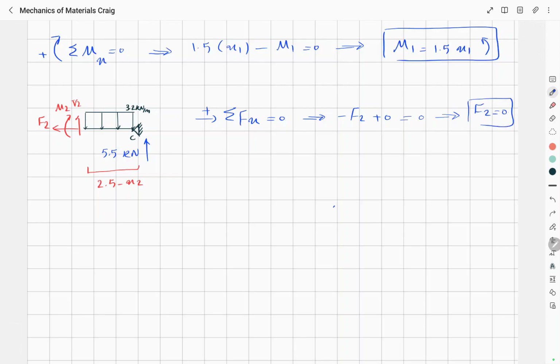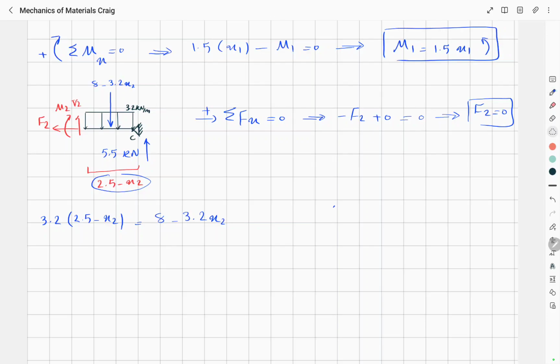In order to determine V2, we're going to calculate the value of this point load, which is 3.2 multiplied by this distance, 2.5 minus x2, or 8 minus 3.2 multiplied by x2 actually.